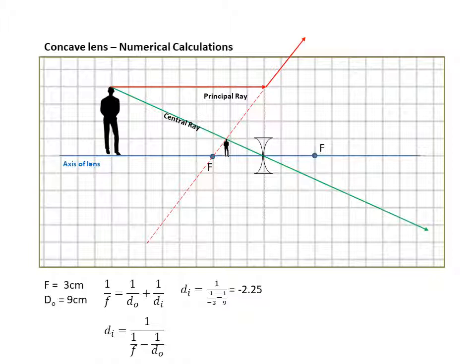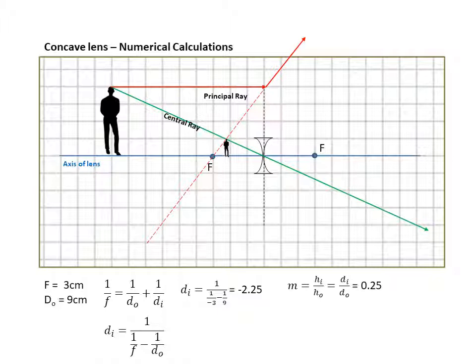We also need to determine the height of the image, and we can use the mnemonic hi ho, di do, it's off to magnify we go. So the magnification factor equals image height divided by object height, and it also equals image distance divided by object distance. If we put the values for the image distance and the object distance into that equation, we end up with a magnification factor of 0.25.